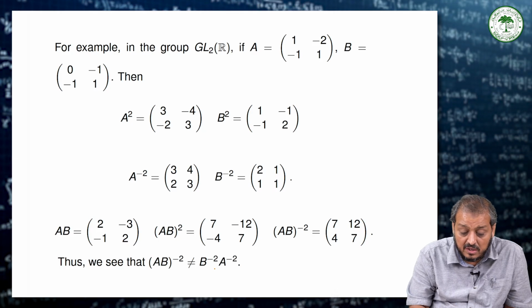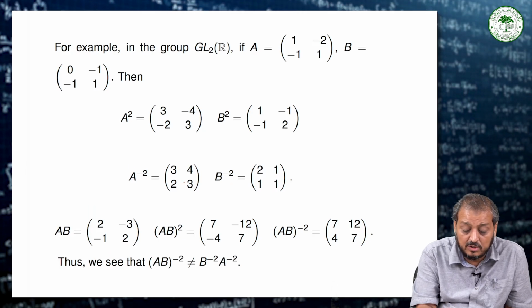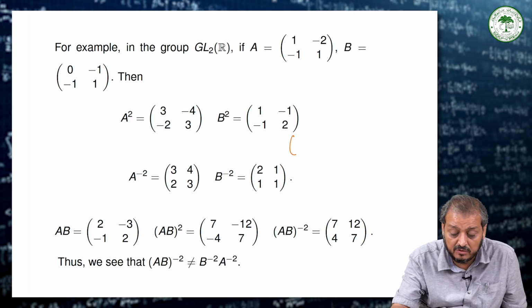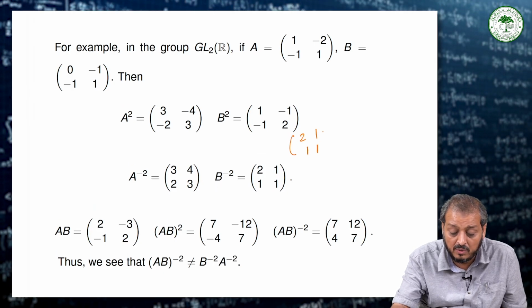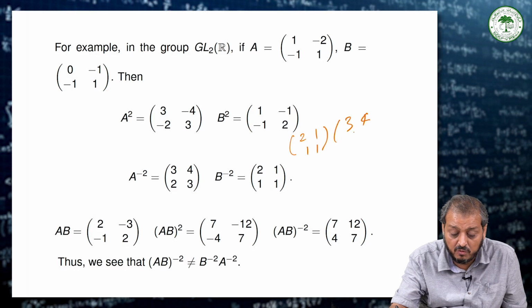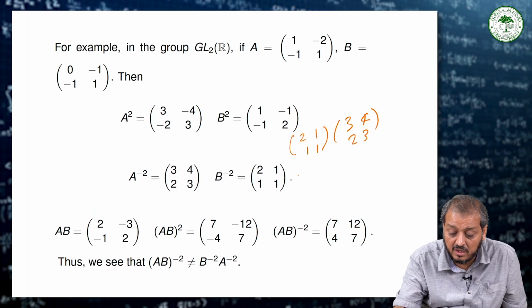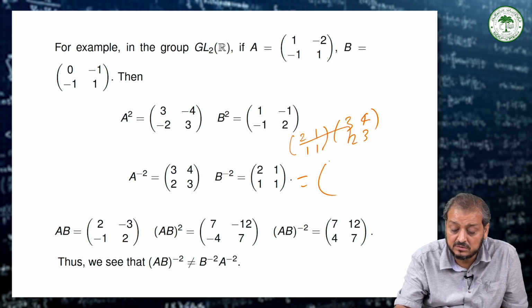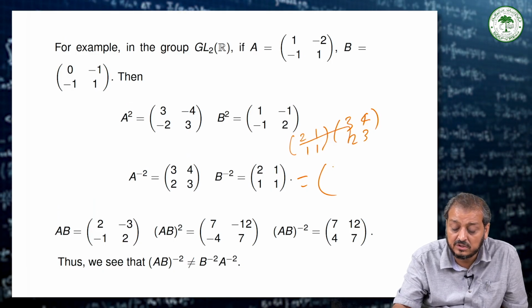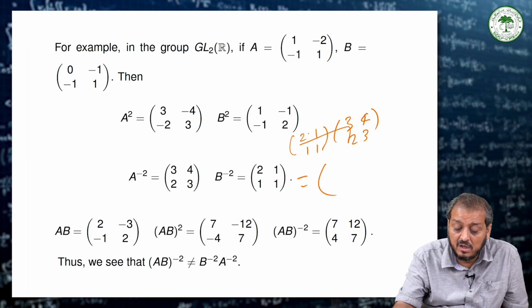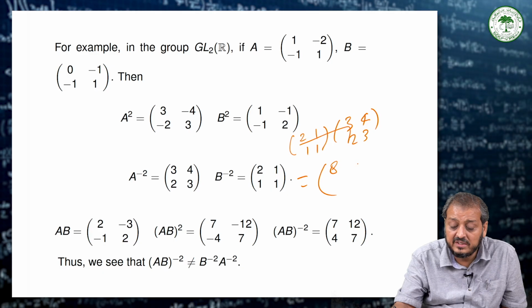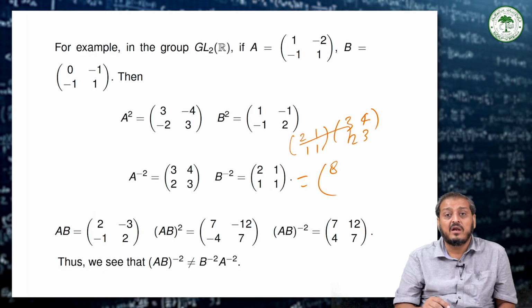So we take the product of these two, 2 1 1 1, and then 3 4 2 3, and that is equal to this form: 3 times 6 plus 3 times 6 plus 2 is equal to 8, and that is equal to 7, and similarly these two matrices are not equal.